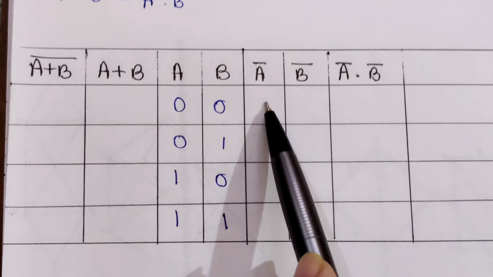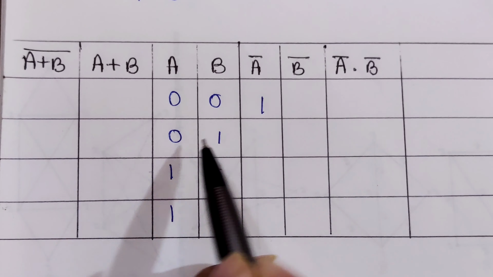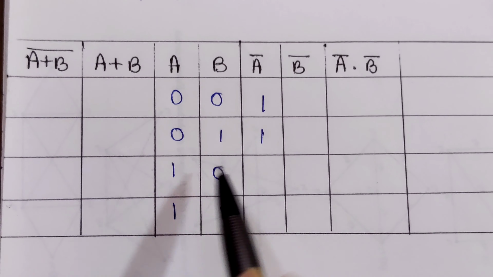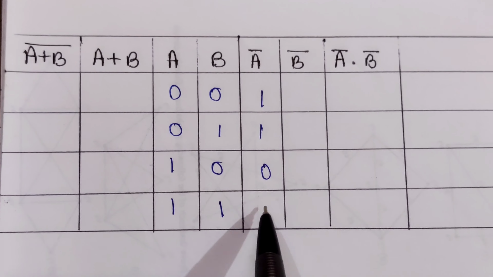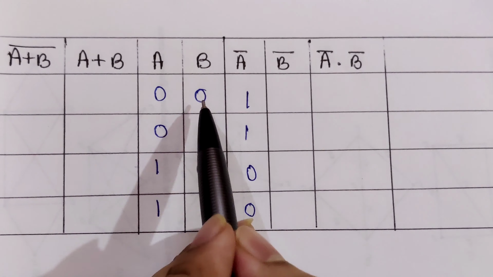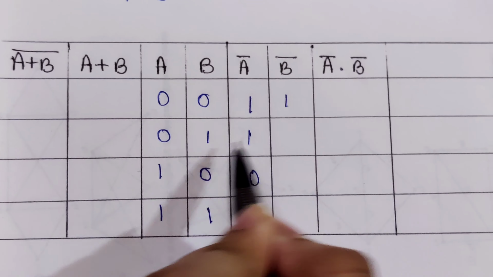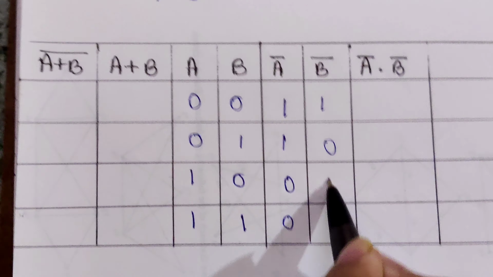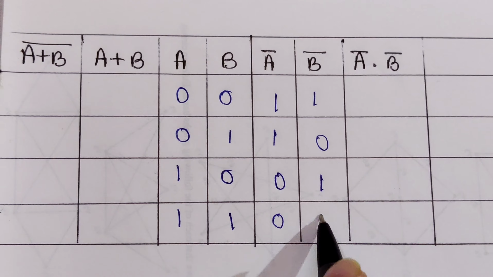So A is 0 here, so it will be 1, 0 here, so it will be 1, 1 here, then it will be 0, and 1, then it will be 0. Same for B complement. If it is 0, then it will be 1, 1, then it will be 0, 0, then it will be 1, 1, then it will be 0.